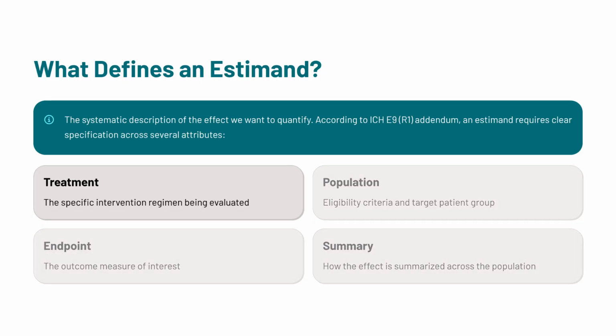The estimand has several attributes. First, the treatment, which is the specific regimen being evaluated. Second, the population, which is the eligibility criteria and target patient group. Third, the endpoint, or the outcome measure of interest. Fourth is the summary measure, and how we summarize the effect across the population.